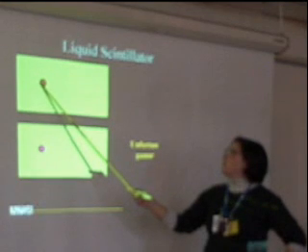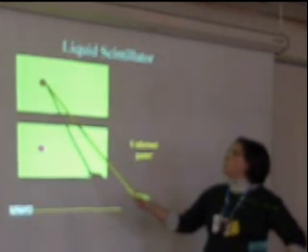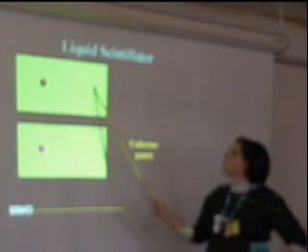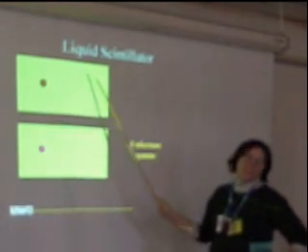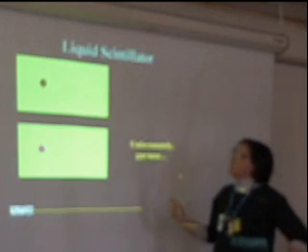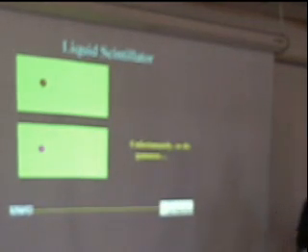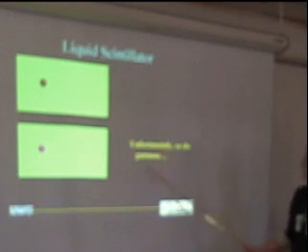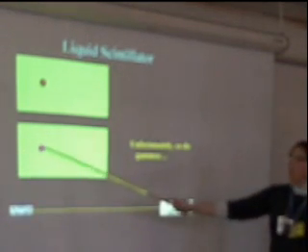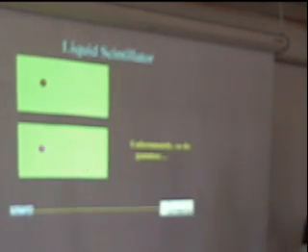The neutrons come in and they pass their momentum to a proton, and then the proton goes shooting off and produces scintillation light, which then can be collected on a photomultiplier tube and read out. Unfortunately, gammas can do the same thing by coming in and scattering off an electron. So there's the neutron, there's the gamma.